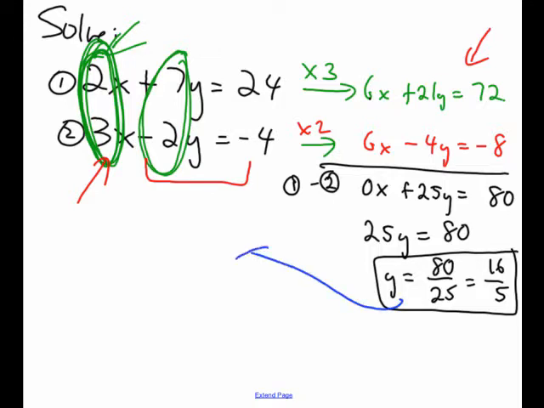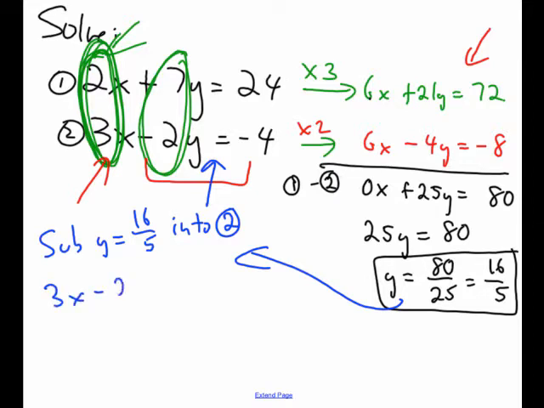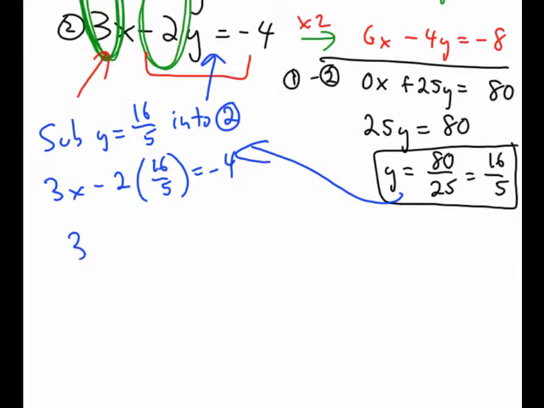Now that I have the y value, I can substitute that y value back into one of the original equations. I'm going to go with equation 2 because the numbers look smaller in equation 2. So I have 3x minus 2 times 16/5 equals -4. So 3x minus 32/5 is -4.